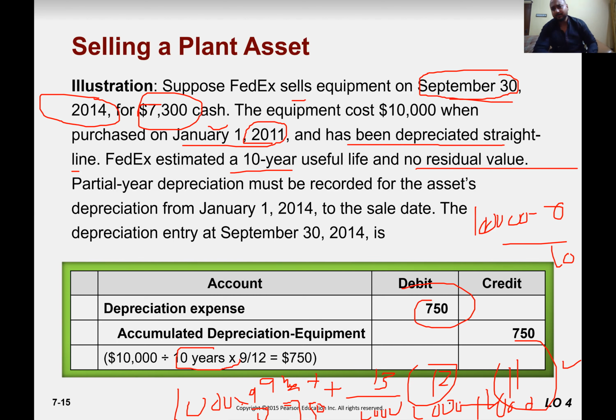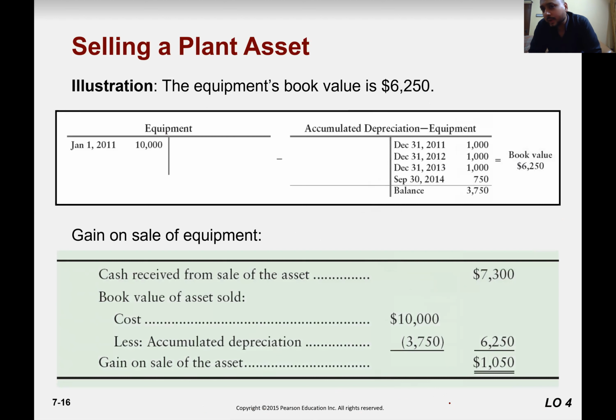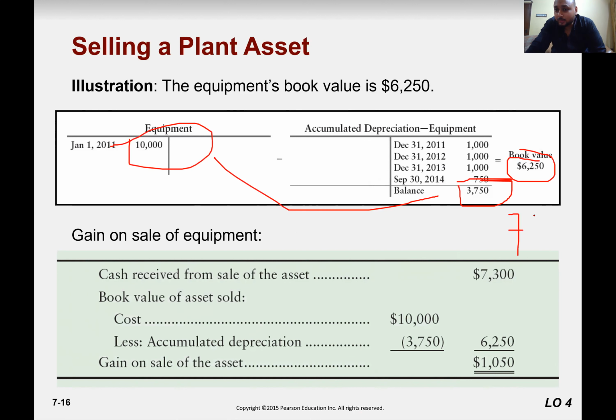But now we sold the asset for 7,300, right? So up till now, its book value is cost minus accumulated depreciation.